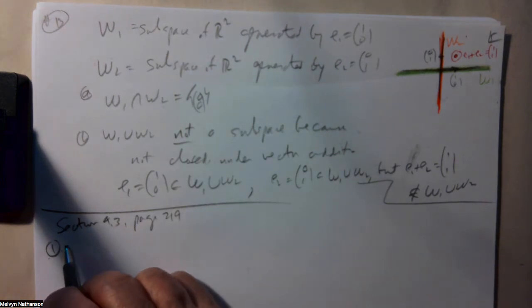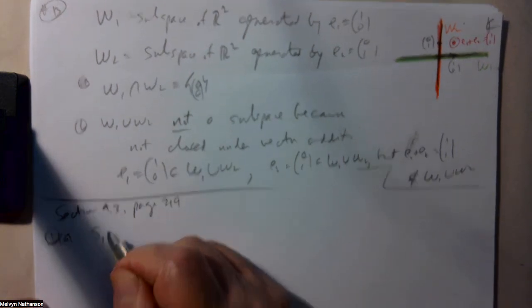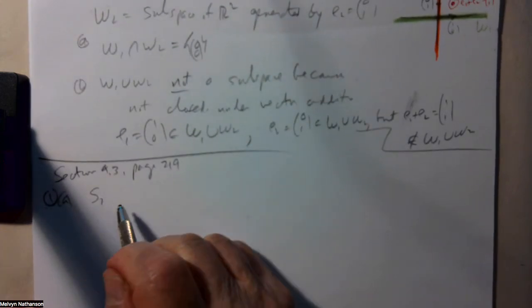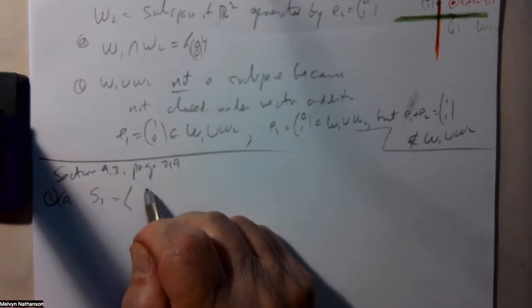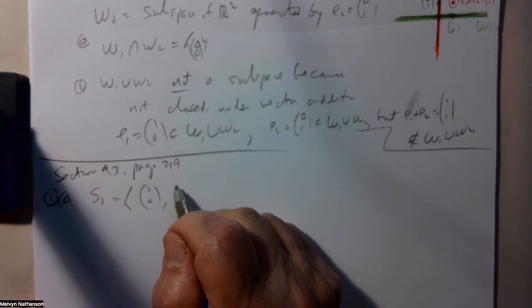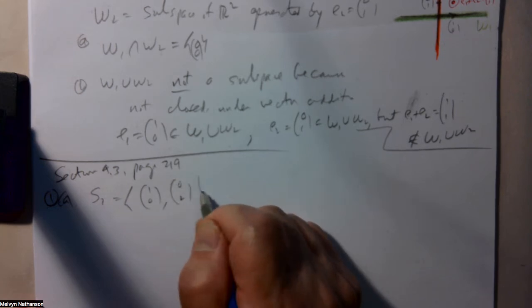So in 1A, we have a set consisting of the vectors 1, 0 and 0, 2.